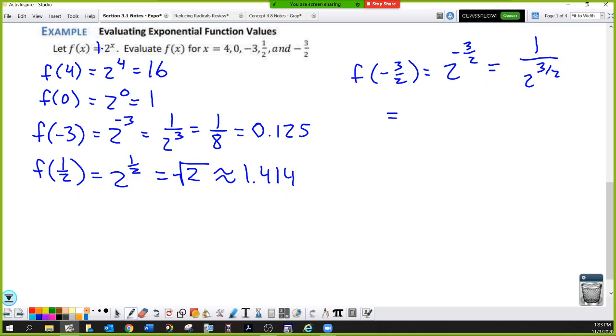We just saw the 1/2 power was actually a square root. So I have 1 over the square root of 2 to the 3rd. That's 1 over √8. I'm not even going to pretend to know what that number is. Instead, I'm going to look at my notes where I have the answer written down. 0.354. And I would expect you to do the same.